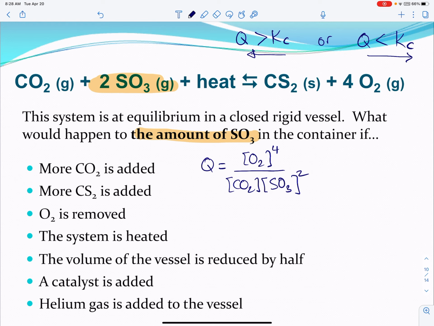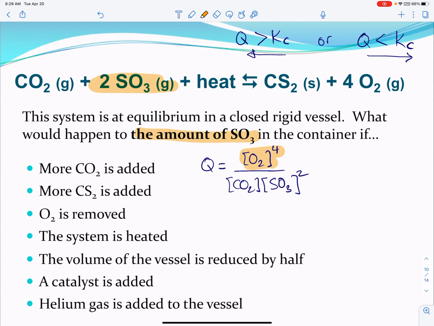All right, so the first thing I would note is that if you're removing oxygen, you're decreasing oxygen's concentration. You're lowering the concentration of oxygen. Next, I would look and see that oxygen is in the numerator of Q. So if you're going to decrease oxygen's concentration, you're decreasing the numerator of a fraction.